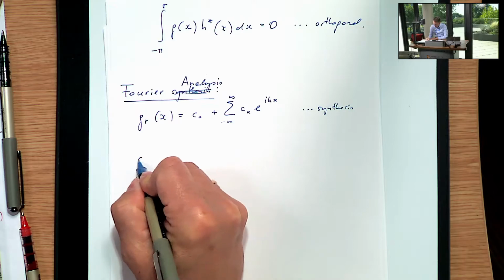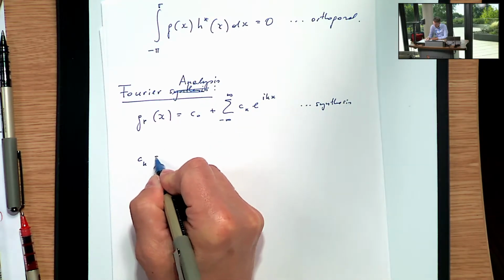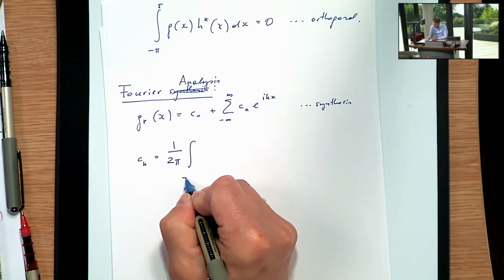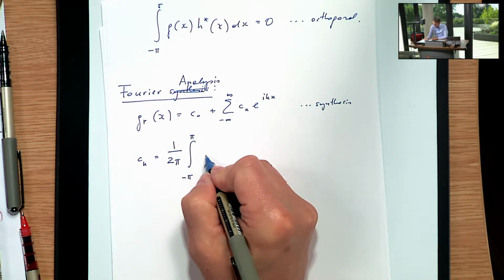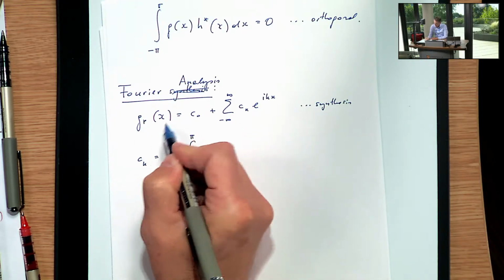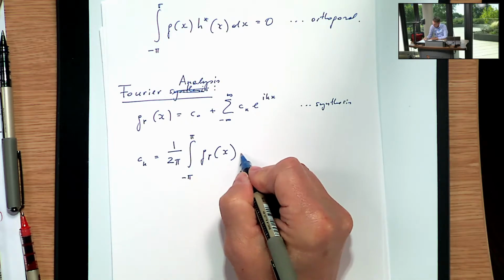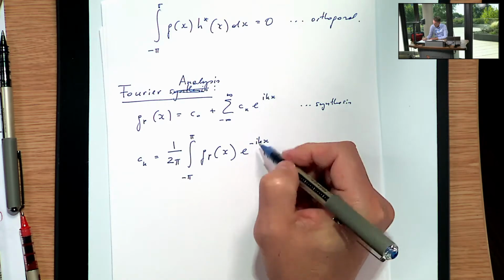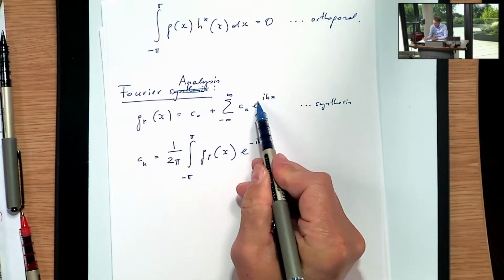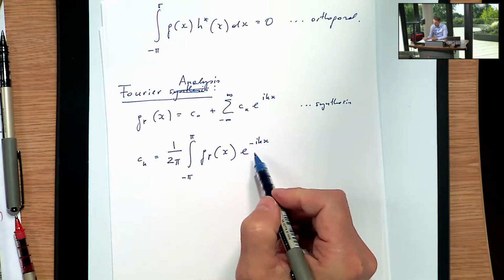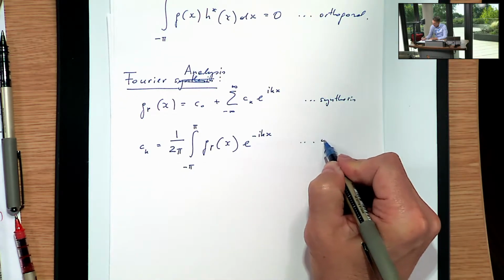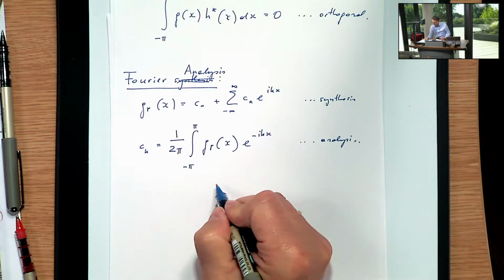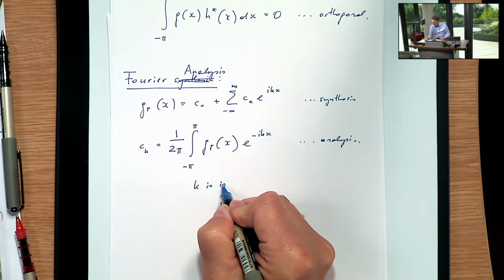And then the spectral component ck can be found by taking an integral over one period of the periodic function between minus pi and pi, of g_p(x) times e to the minus ikx. Note the difference in sign. This is a minus here. The synthesis part is positive. That's the way we define it. And the analysis part has this negative part. And here, k is an integer.